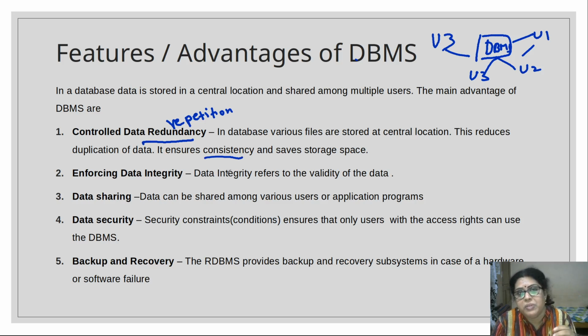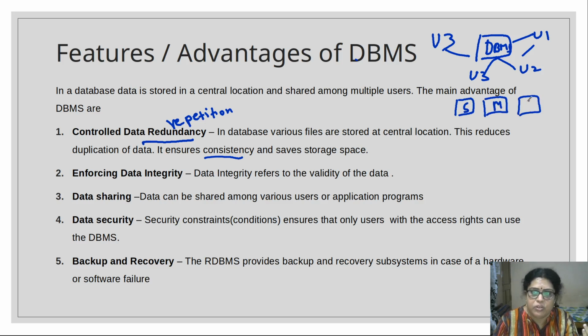So what we mean by consistency? See, a DBMS will contain a lot of data. And in an RDBMS, I told you, data is stored in the form of tables. So if I am going to have, let us say, a student table, a student marks table, and then a student sports table, those different data are available.